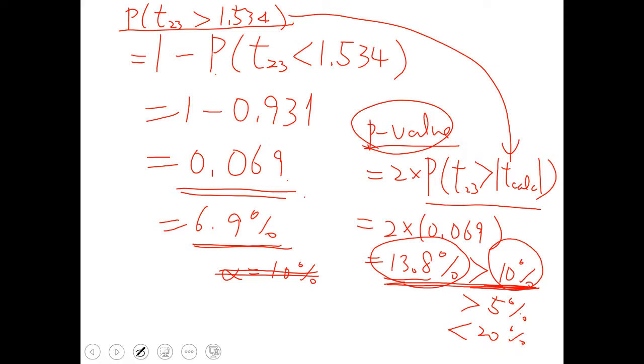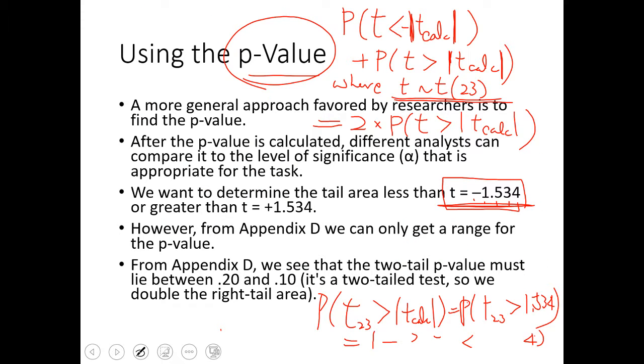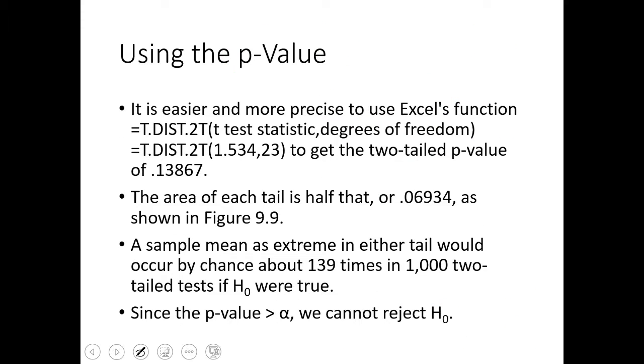But this p-value is less than 20%, so the null hypothesis is rejected at 20% significance level. Again, the null hypothesis is not rejected at 10% significance level, and it is rejected at 20% significance level. Okay? So that is the p-value method.